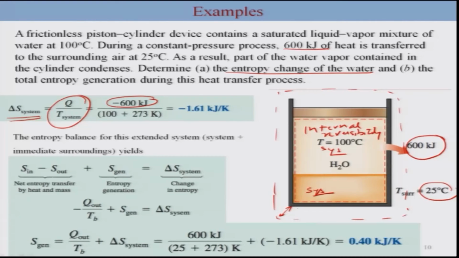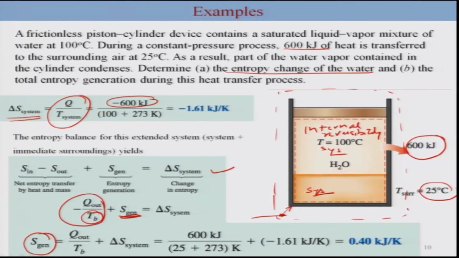So irreversibility is associated within here, and thus when you are considering this extended system which includes the system plus immediate surrounding, this entropy balance can be written in this way, which is a general entropy balance, and here you will be considering Q out because S in is 0. The Q out is due to the heat transfer, at the boundary, plus the generation term within this particular extended system.